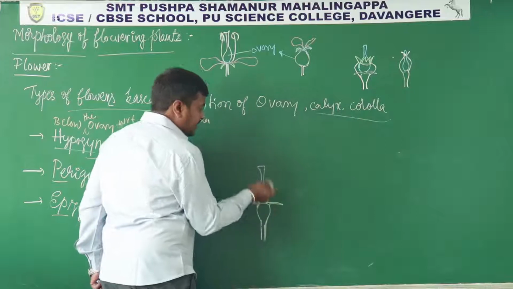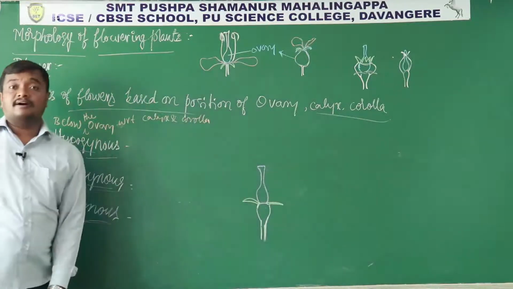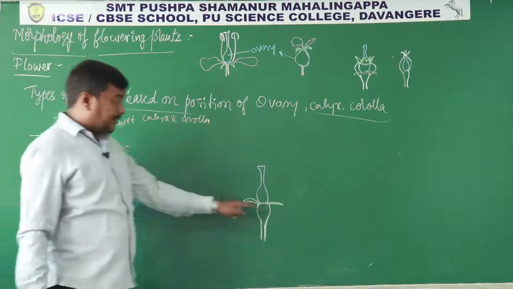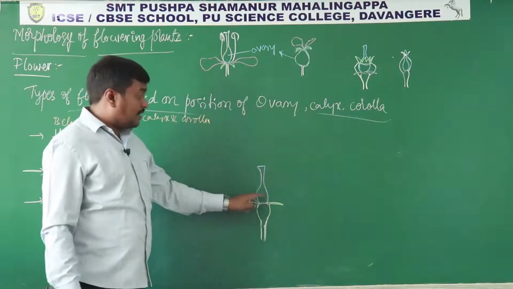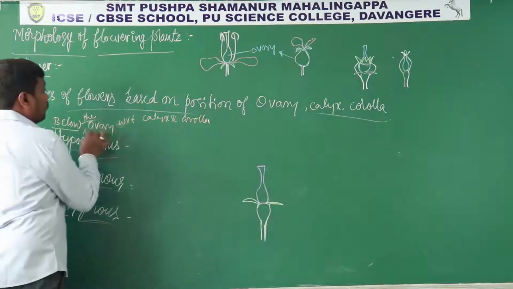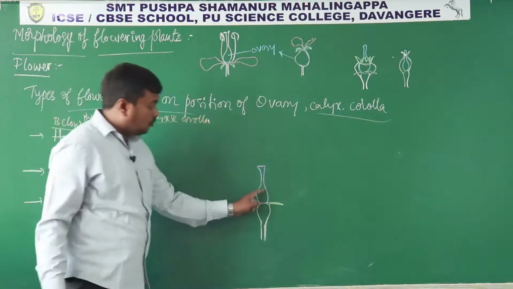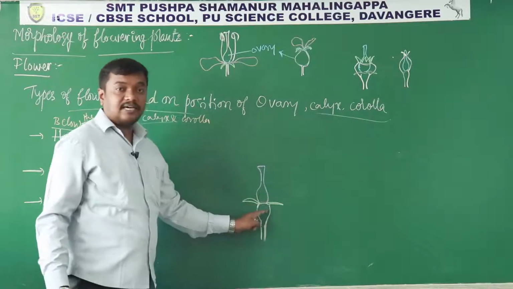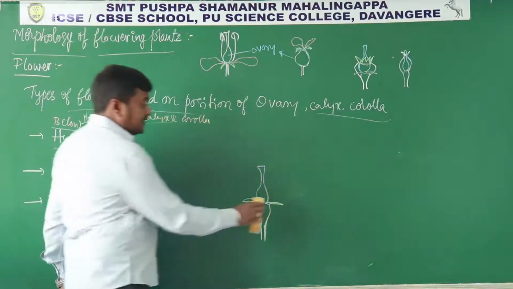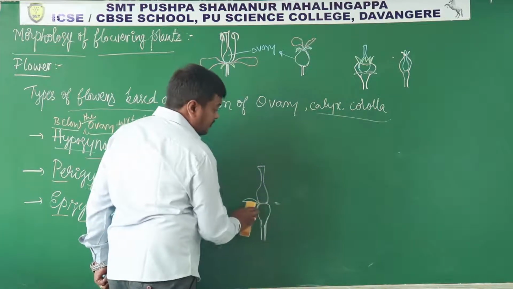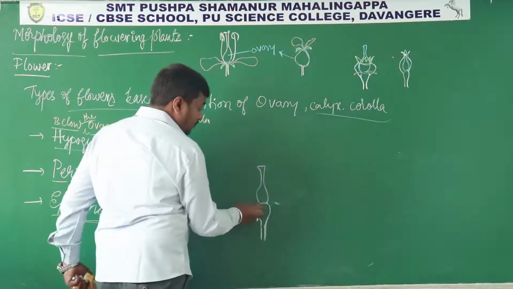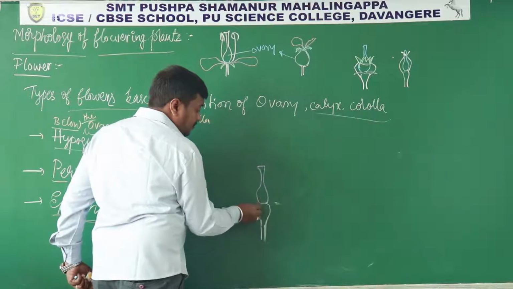Calyx is present like this, then it is called hypogynous because calyx and corolla are present below the ovary. So it becomes hypogynous.